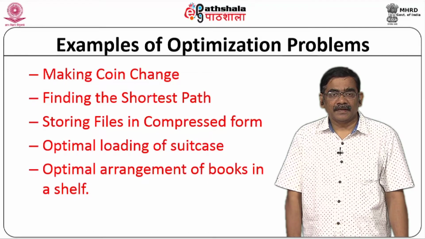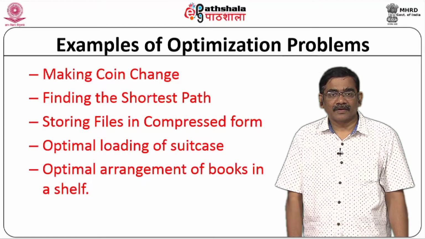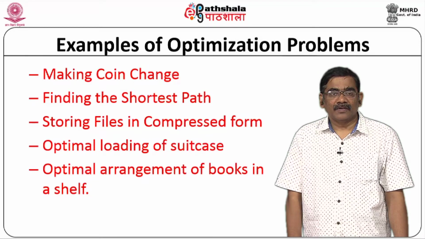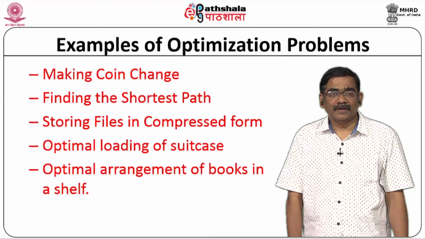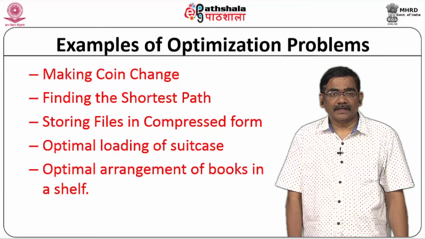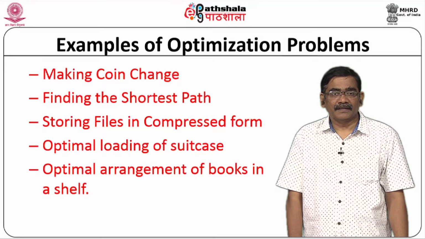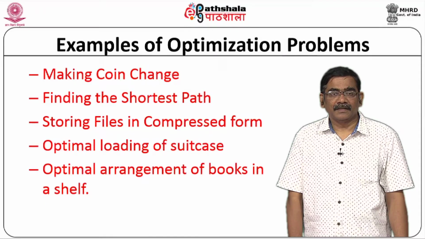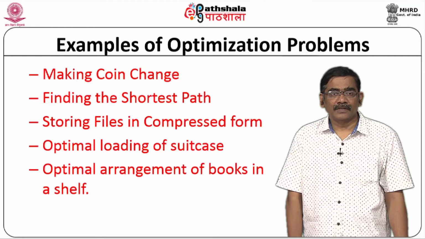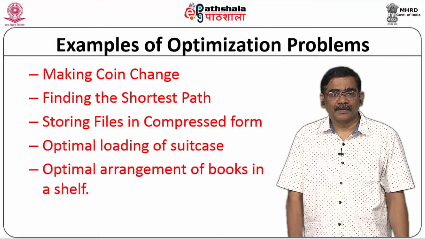For example, if somebody is asking for change, we are looking for the minimum number of denominations to satisfy this requirement. Finding the shortest path. For example, I want to go to my friend's house. I may be interested in knowing the shortest path from my house to his house.